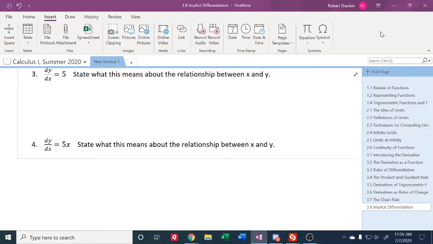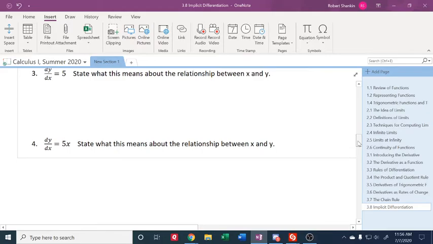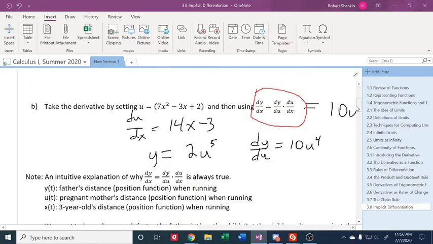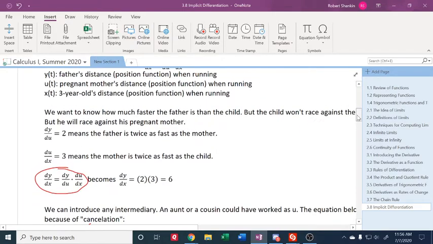So maybe whatever y is, x will be 5? I don't know. Okay, so what you're doing is you're making an analogy between this and what we did way earlier up here when we had this.